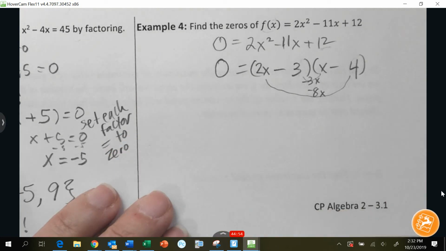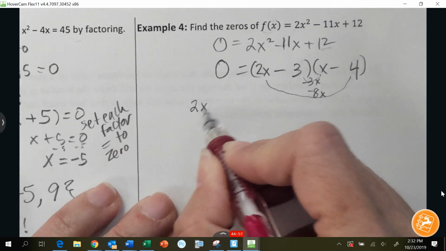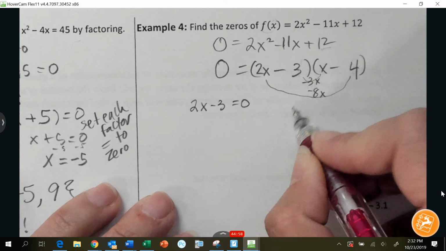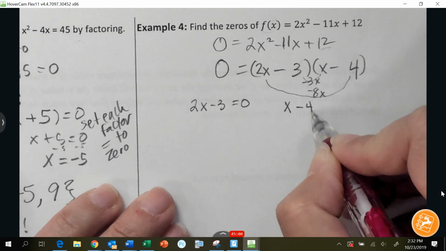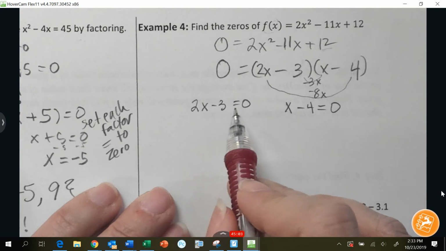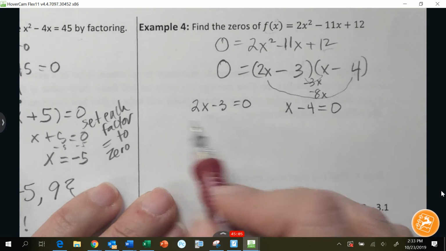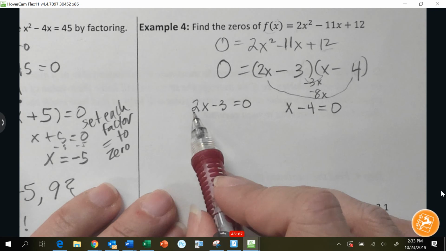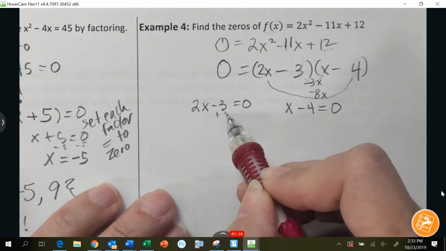What do we do now? We always say x minus whatever and then x plus whatever. We say 2x minus 3 equals 0. You have to solve this. The answer is not 3. So you add 3 first, but then what?